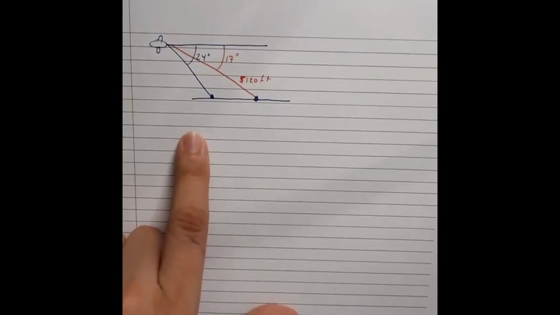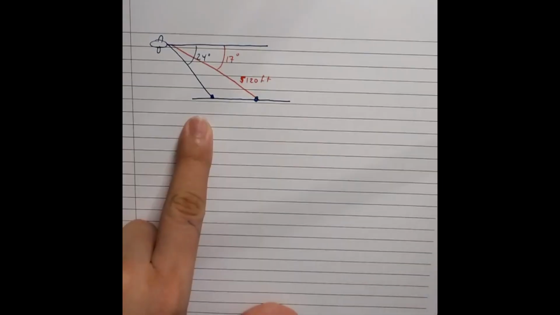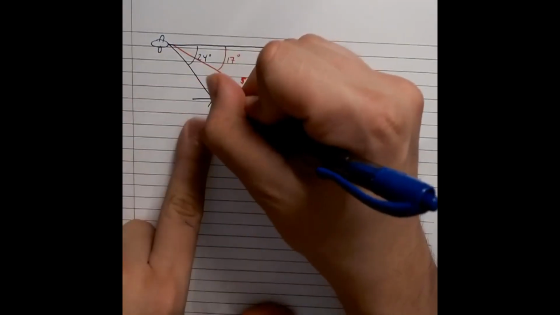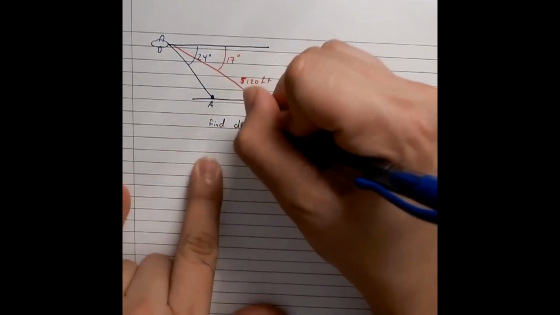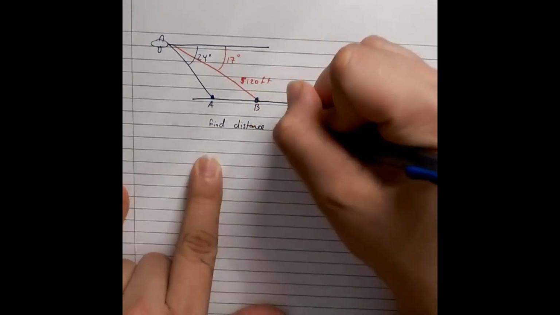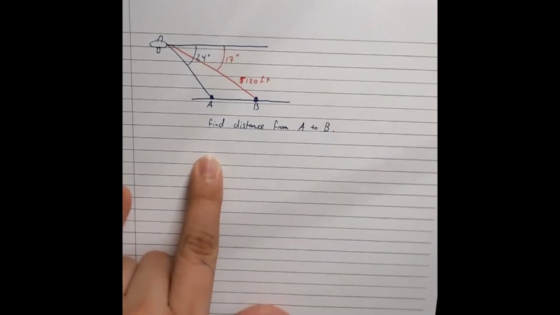All right. So now the question is, how far apart are these? So the question is, find the distance. Here I'll call this the point A and call this the point B. Find the distance from A to B. Okay.